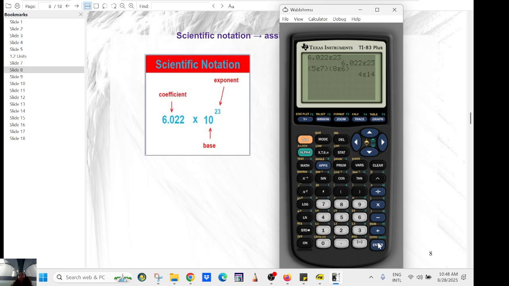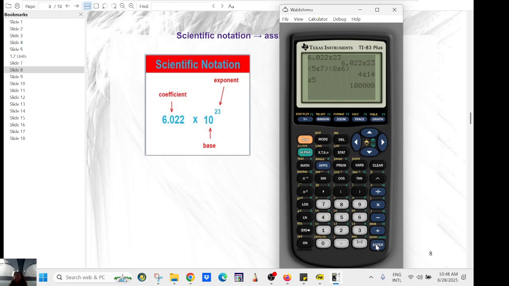So that would be 4 times 10 to the 14. One thing I've seen with students, the typical mistake, like if you have 10 to the 5, you want to make sure to do it this way. So second comma, that will be your power of 10, 5. So that will be 10 to the 5, 100,000.